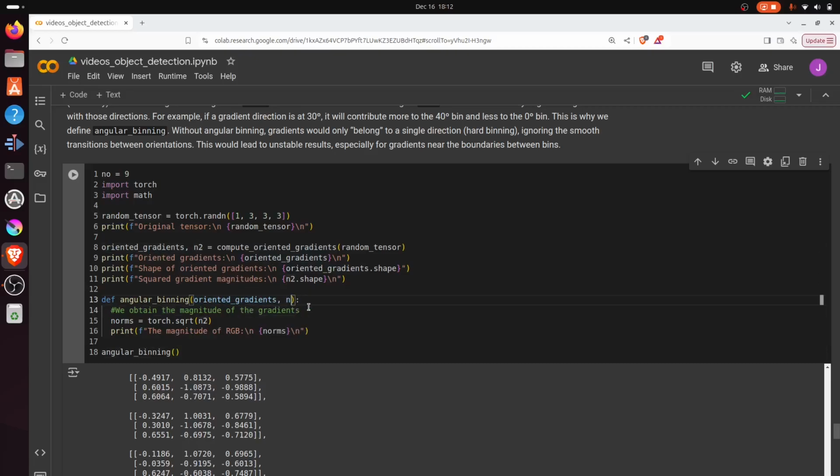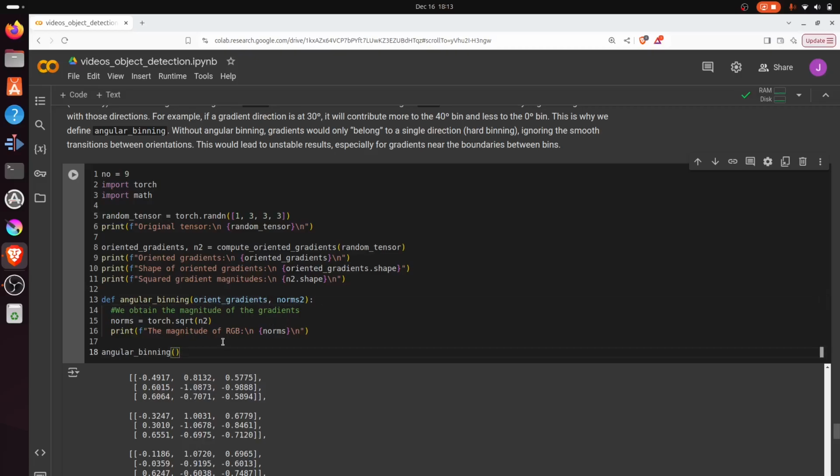Just to clarify that, let's put here norms 2, and orient gradient, so that you see that we don't need to take the same name.